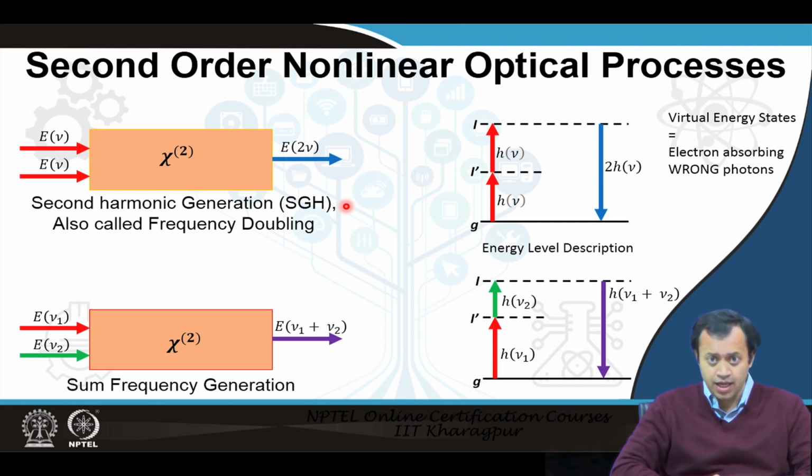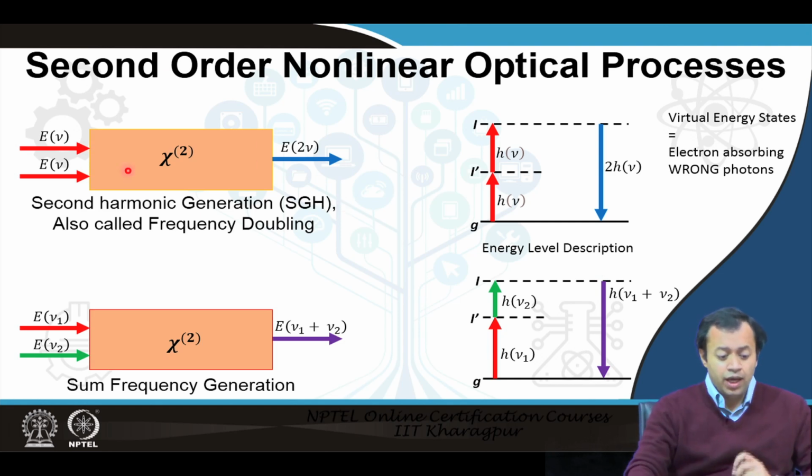becomes uncertain. Meaning, in nonlinear optical processes, it is quite possible for two photons of the same energy, h nu and h nu, to combine together to form 2 h nu.